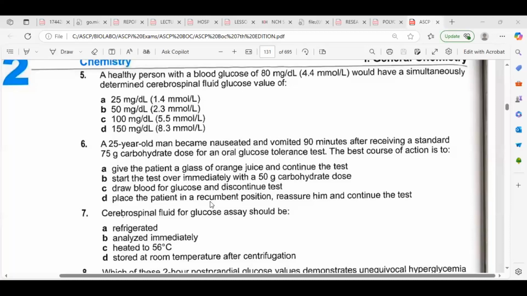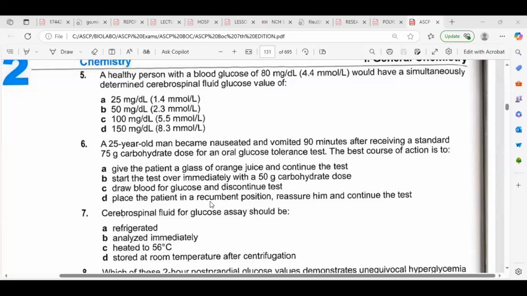So when we draw blood, we can have what you can call a preliminary result, or at least useful information about the patient's health. Maybe you can repeat the test next time, but it is not accurate, but at least useful information can be given by this patient.